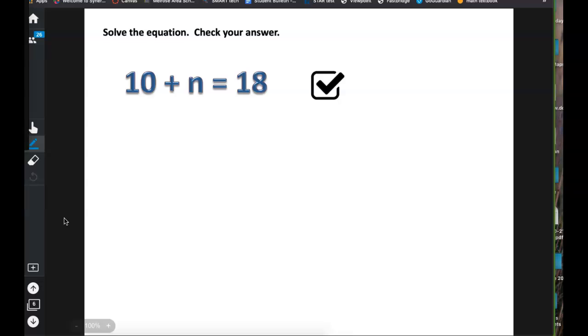So if you have a notebook in front of you, I want you to write this example down. Okay, you're going to do a couple problems on Hello Smart in a little bit, but I want you to write this one down first. So you have 10 plus n equals 18. Okay, the very first thing we're going to do on every single problem we solve is we're going to draw a line straight down by the equal sign.